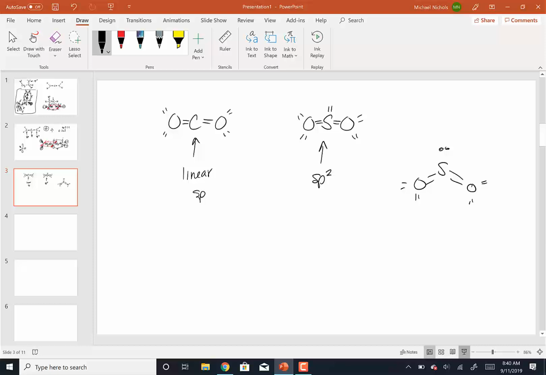No, because the bond dipole going this way and the bond dipole going that way cancel each other out. So this is where the symmetry of the molecule is oftentimes what we use to determine whether it is or isn't polar. If the symmetry is perfect, it's nonpolar. Sorry, it's polar if it's not perfectly symmetric. So in this case, it's perfectly symmetrical.